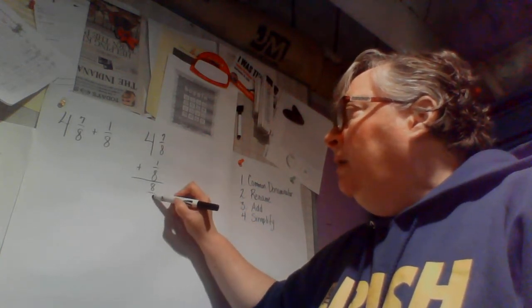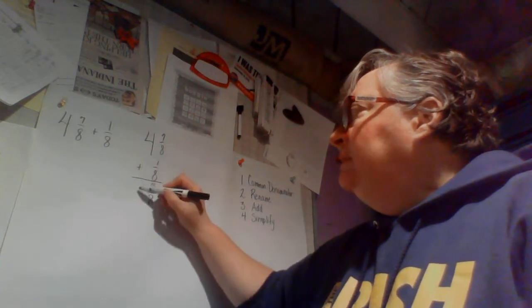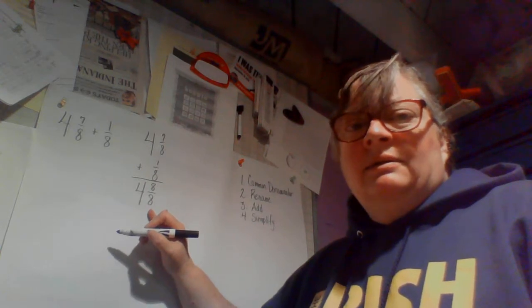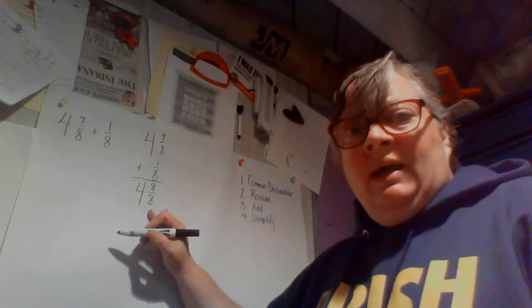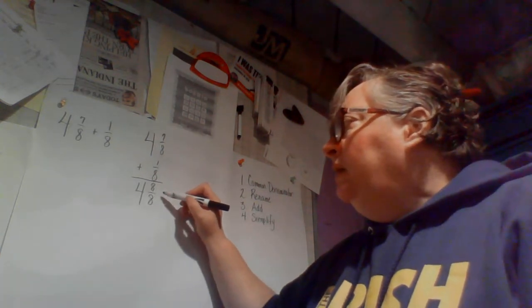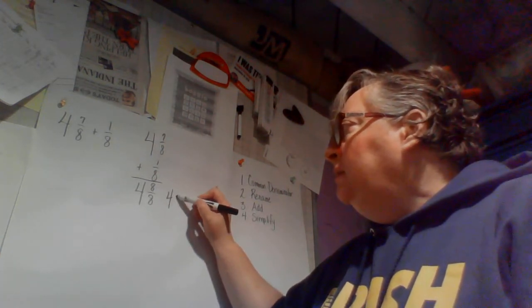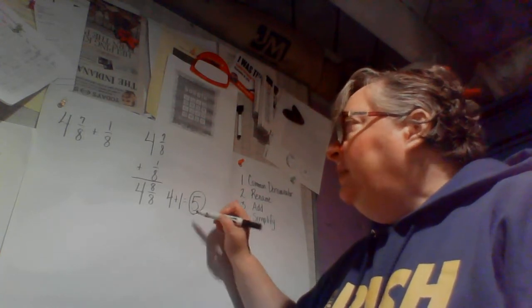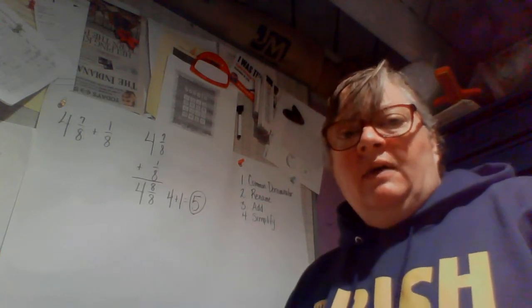We keep our common denominator. 4 plus 0 is 4. 4 and 8/8. Oh, but in my head I know that 8/8 is 1. So I do 4 plus 1 equals 5, and the answer to number 1 is 5.